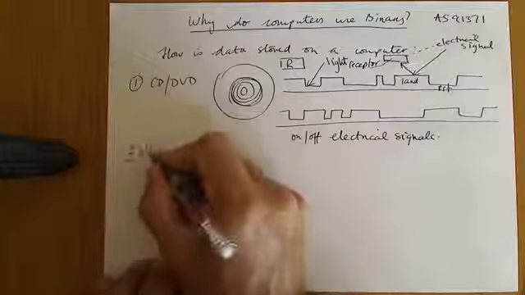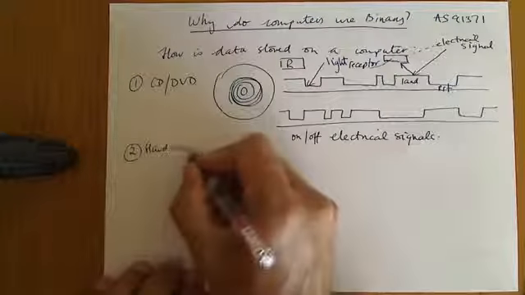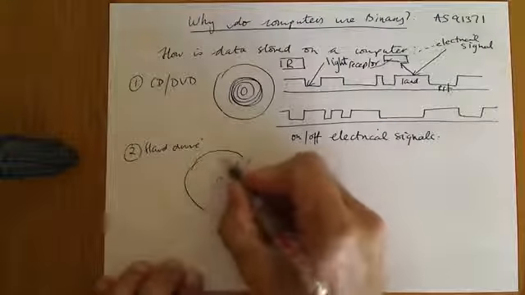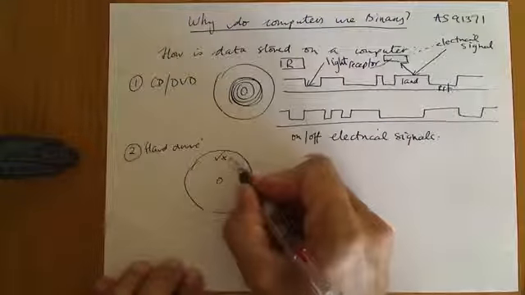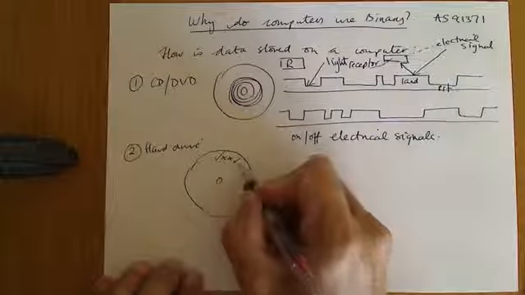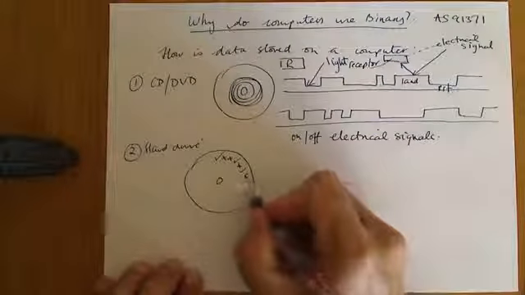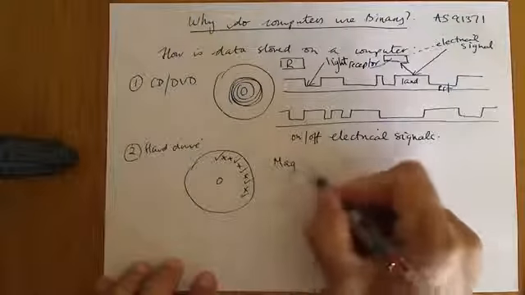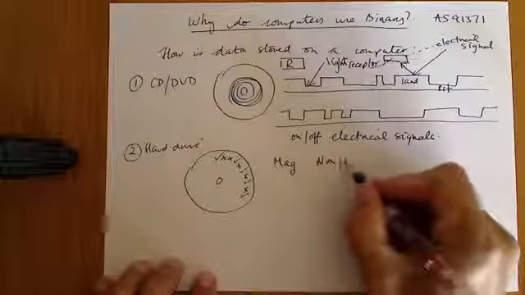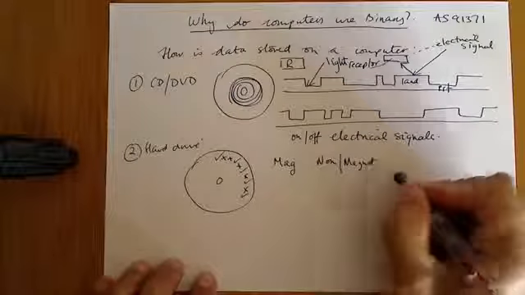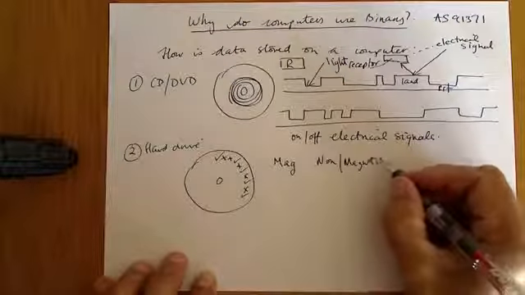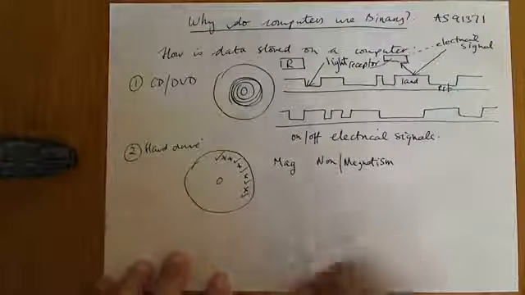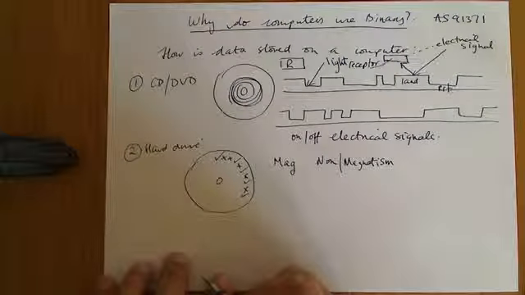So on an ordinary hard drive, basically the signal is kept as areas on that disk that have either got magnetism or not got magnetism. So you end up with a series of magnetisms and non-magnetisms. There's thousands and thousands, millions of these areas on a hard drive, and it spins round. That little arm reads the magnetism.